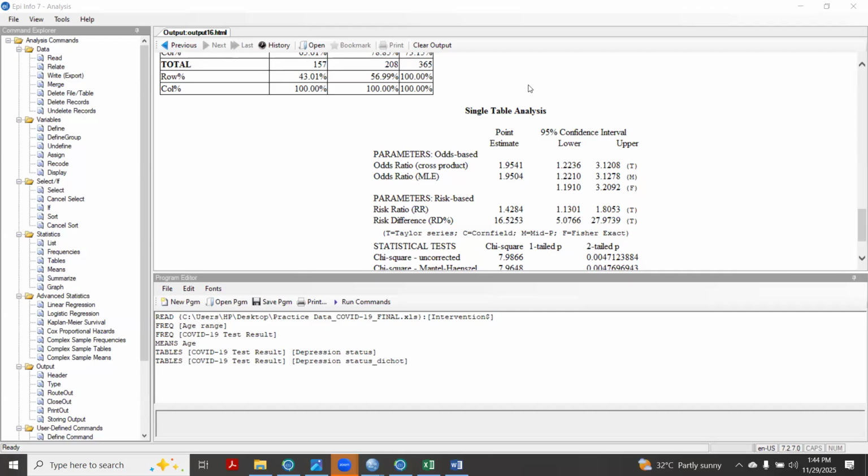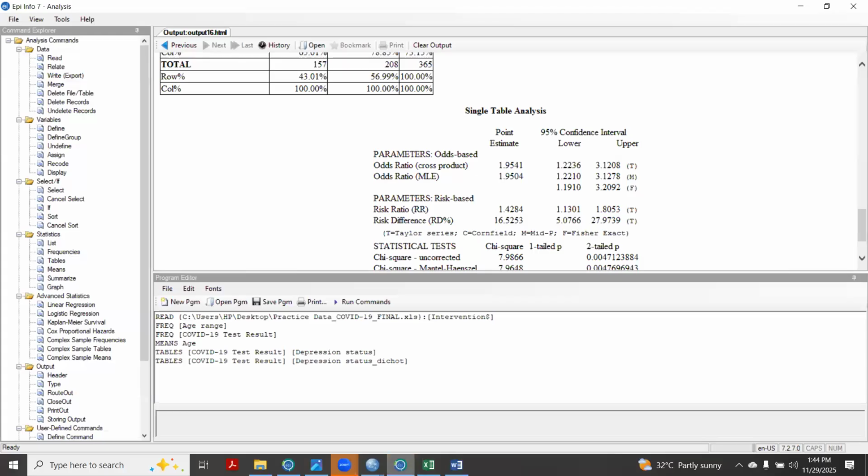So in retrospective cohort study, do we use relative risk? Yes. In a retrospective cohort study, as long as it's a cohort study, you use relative risk, yes. It's only in cross-sectional and case control that we use odds ratio. All right.